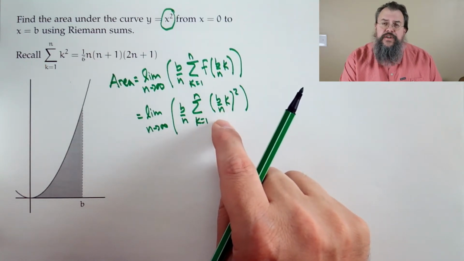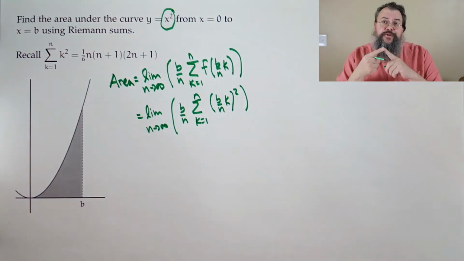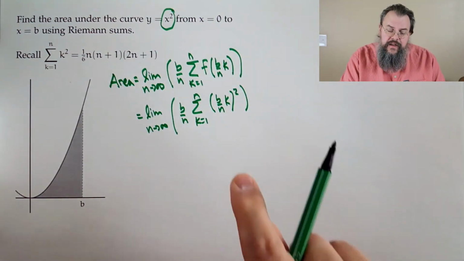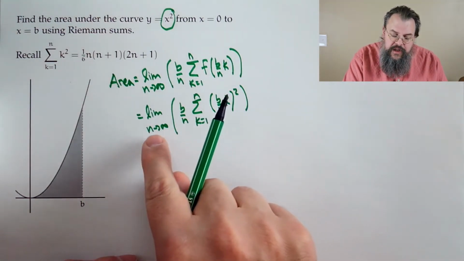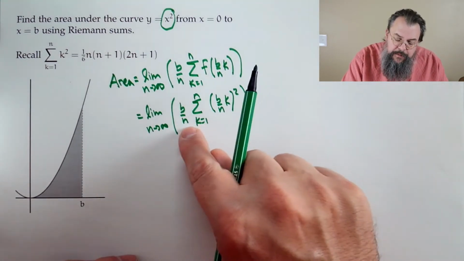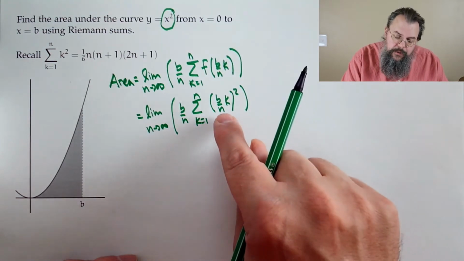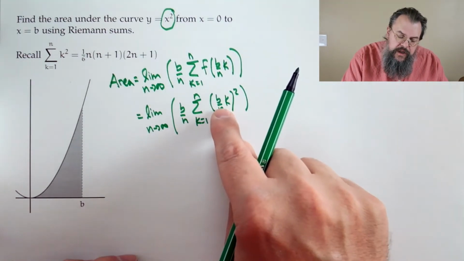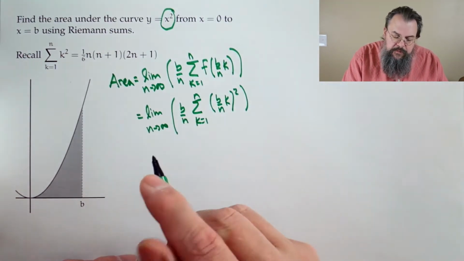But the b over n never changes. It's always the same choice for b, and the n doesn't change inside the sum. It changes here in the limit, so I can't push it all the way out, but I can push it part way out. So think about squaring the b over n and putting it out to this b over n.